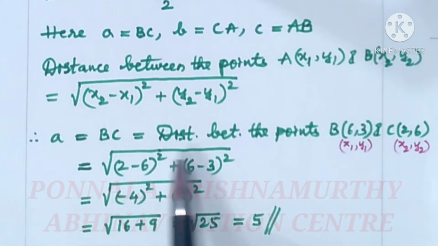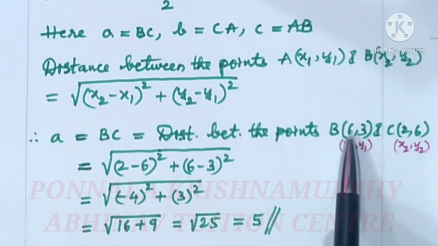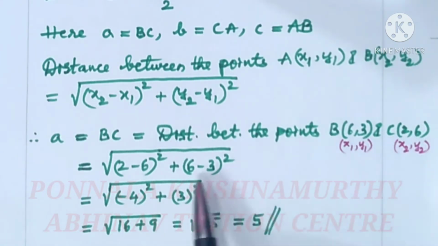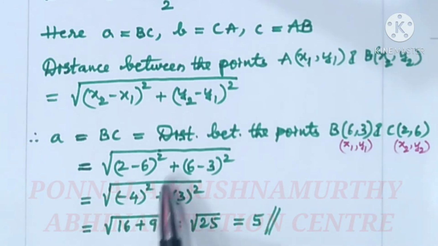This is equal to under root (2 minus 6) whole square plus (6 minus 3) whole square, that is equal to under root (2 minus 6 is minus 4) so minus 4 whole square plus (6 minus 3 is 3) whole square, that is equal to under root, since we have an even number here, this minus becomes plus, so minus 4 whole square becomes plus 16 plus 3 square is 9.